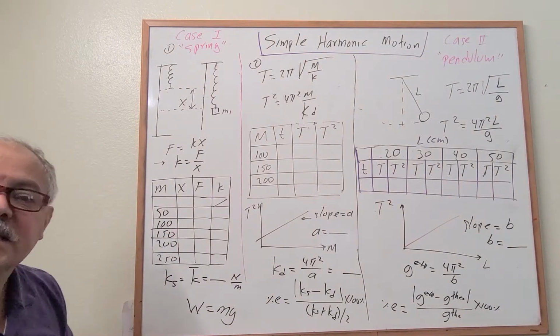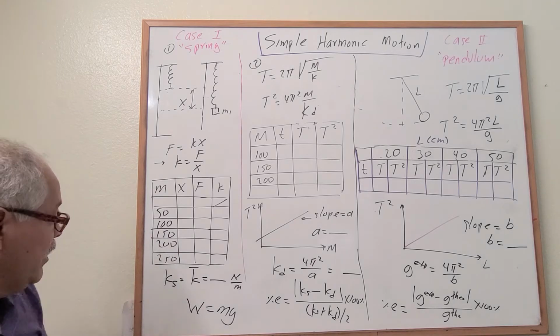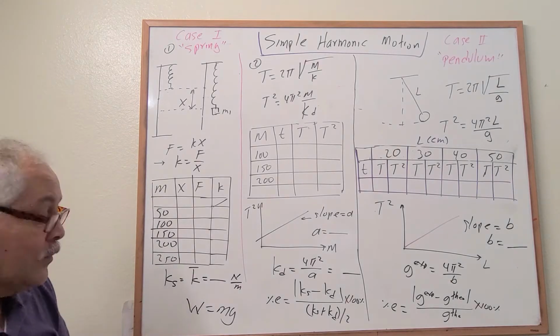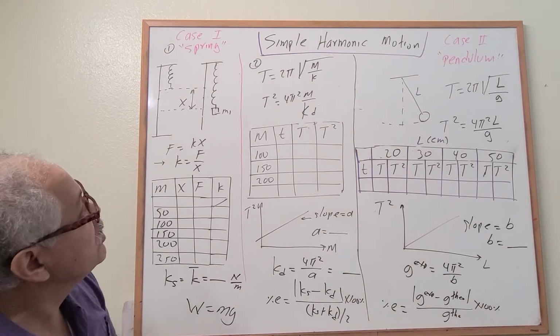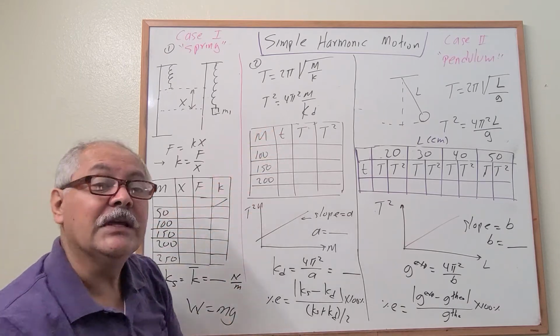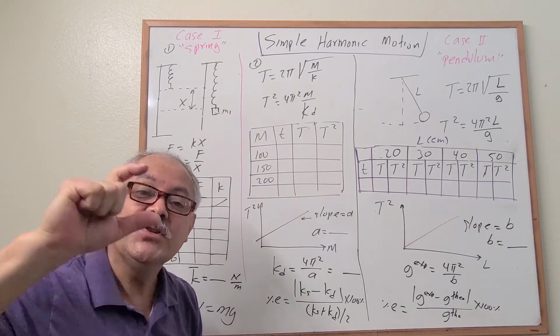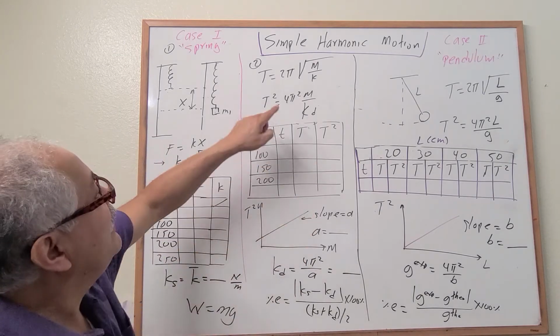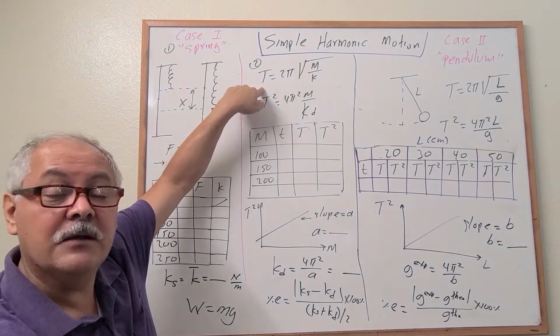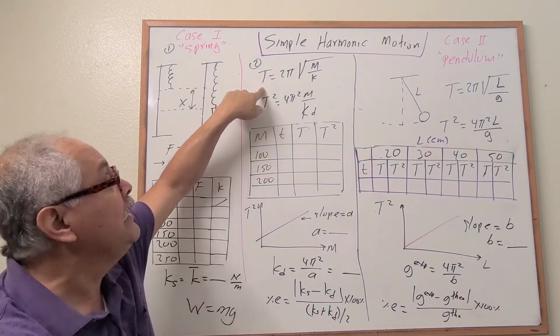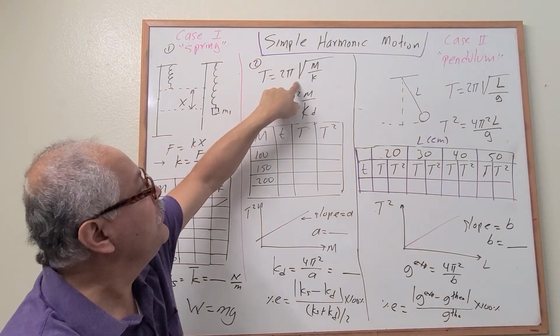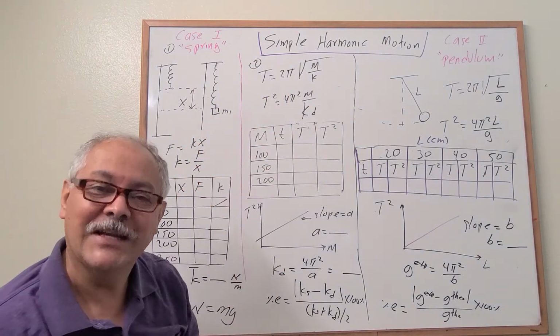Perfect. Also, we can use Excel. Using the slope, we can also find k. Perfect. Now, let's compare this k to the case when the mass oscillates. We know that the period of oscillation of the spring is equal to 2 pi square root of mass divided by the spring constant.